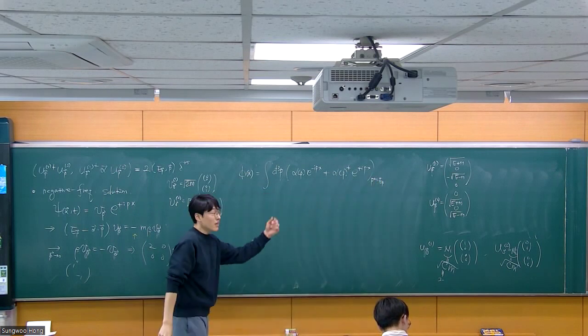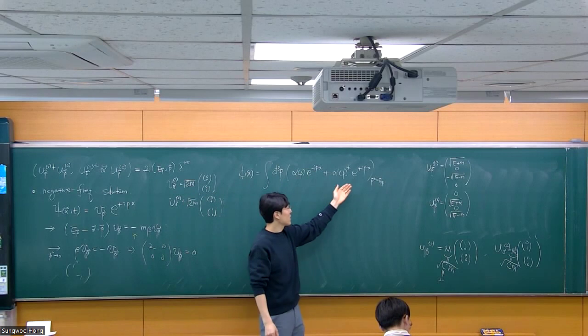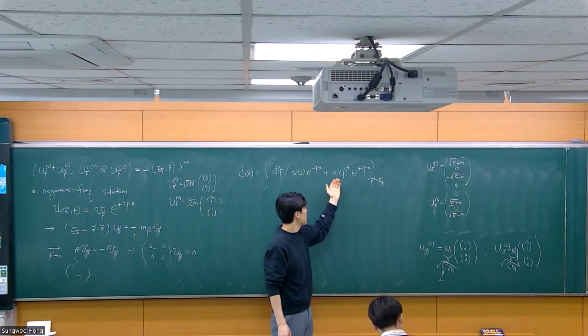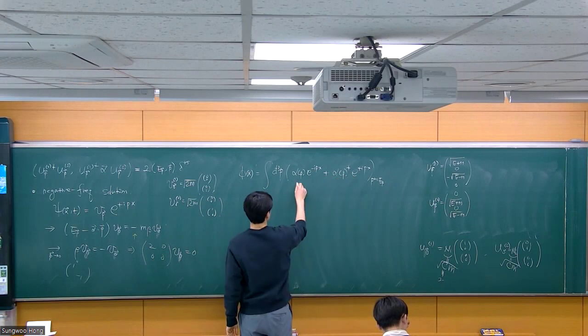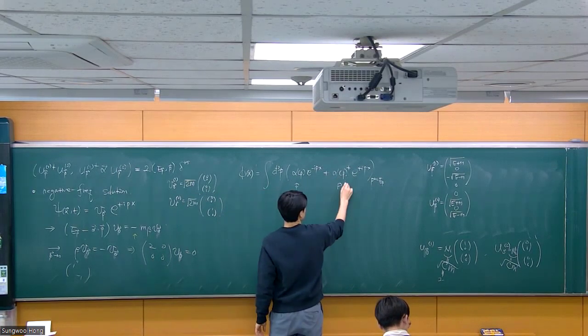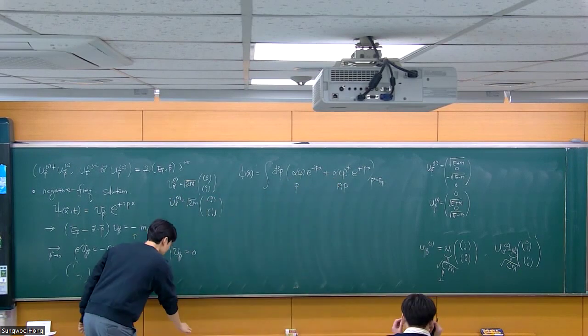What was the physics of that? There's a positive frequency part that annihilates the particle, right? And then there's a negative frequency part that creates the antiparticle, right? Good. So there is a particle and an antiparticle, there's annihilation, there's creation. So that's what we talked about.